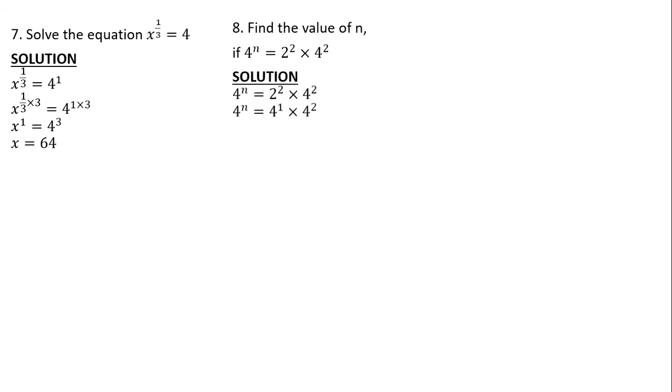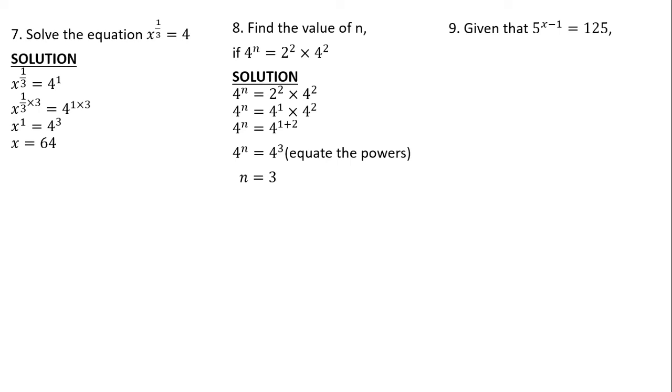So when we do that, then we know that the product rule states that when you are multiplying indices which have the same base, add the powers. We are going to add 1 plus 2 as a power. So we have 4 to the power n is equal to 4 to the power 1 plus 2. Since the bases are the same, we equate the powers. So our n will be equal to 3.